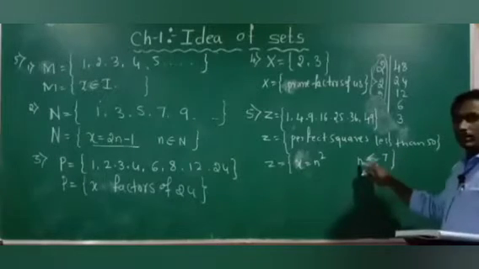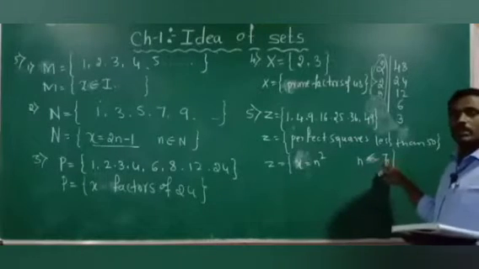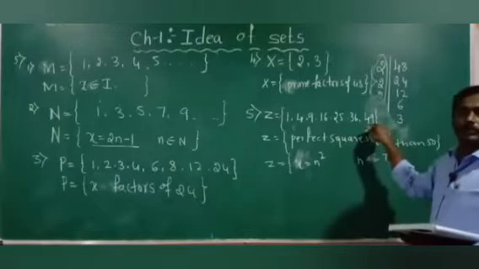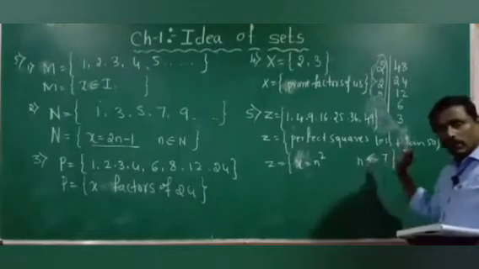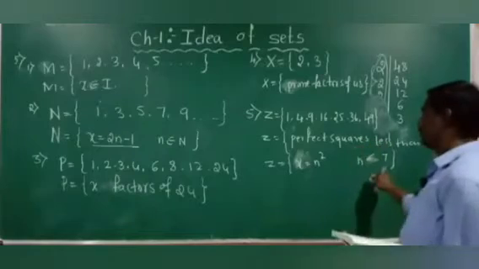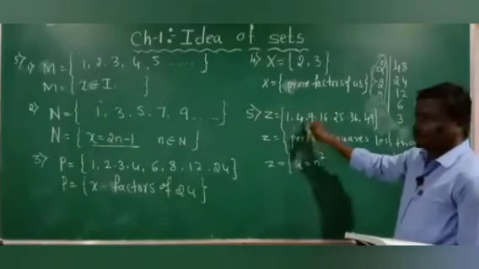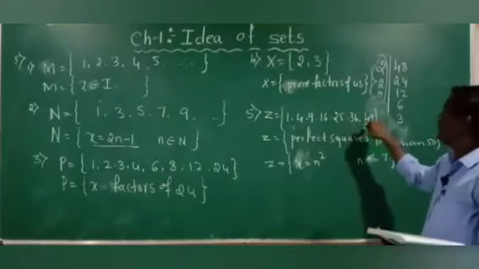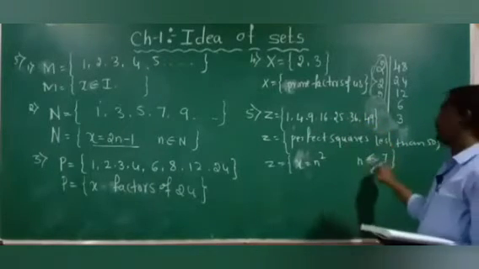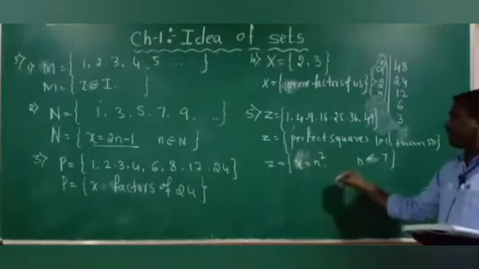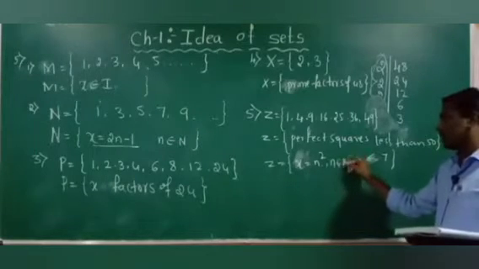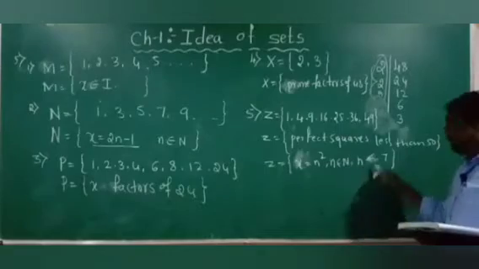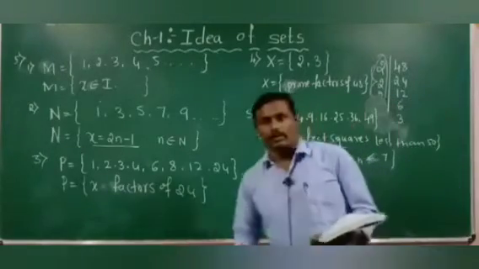Because if I am taking 7 as the last number, 7 square is 49. 1 square is 1, 2 square is 4, 3 square is 9, 4 square is 16, 5 square is 25, 6 square is 36, whereas 7 square is 49. So x is equal to n square, and n belongs to the natural numbers, n is equal to or less than 7.